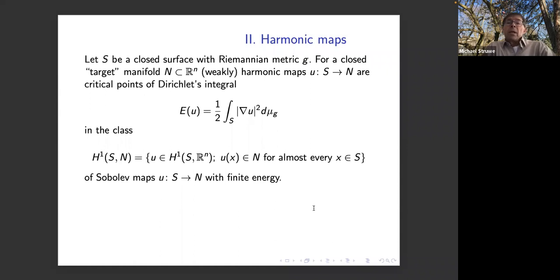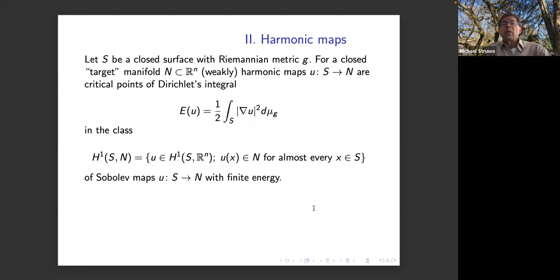And we're then looking at maps U from the surface S to the target N. And just to simplify, we'll assume that N is a submanifold of some Euclidean ambient space R^n.